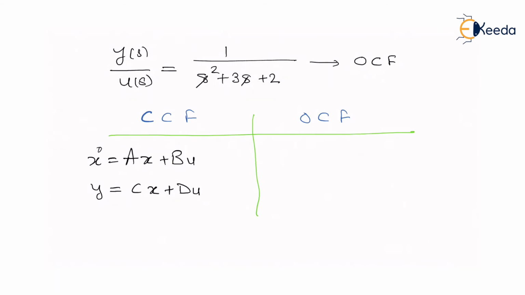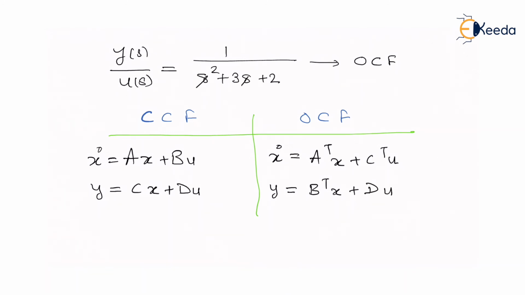The corresponding OCF form will be x dot = A transpose x + C transpose u and y = B transpose x + D u.